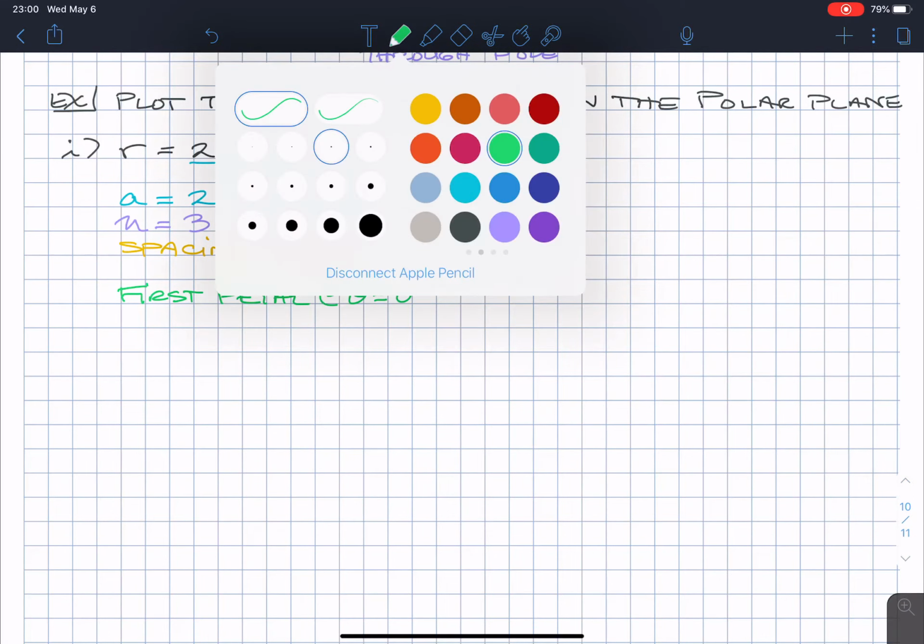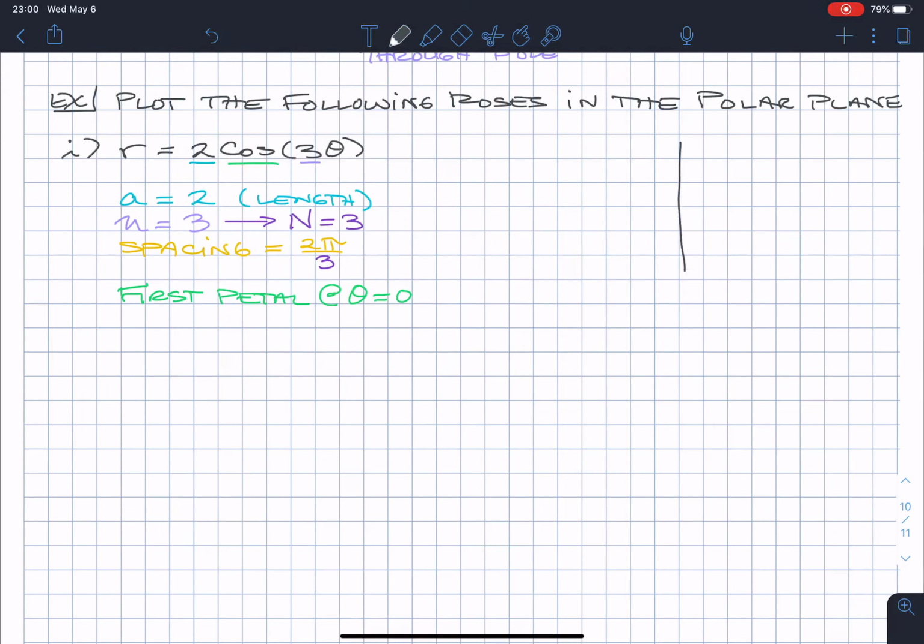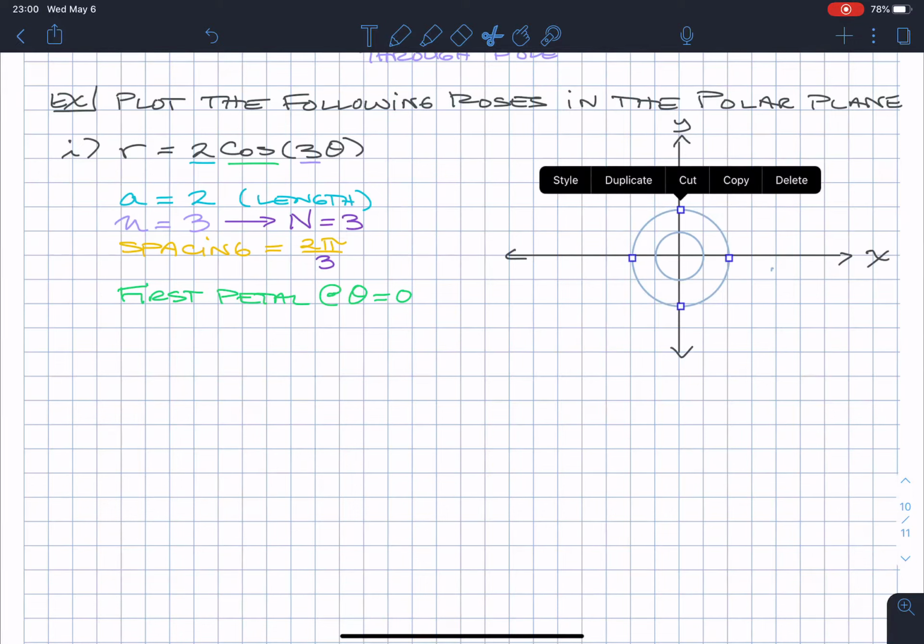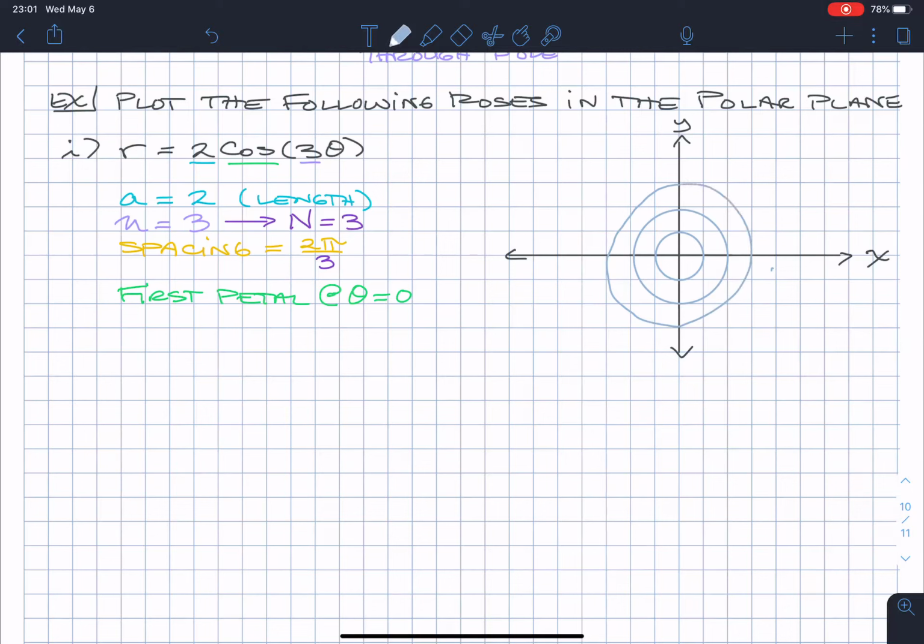Let's go ahead and plot this. So x and y coordinate axes. I know I have to go out to a petal length of 3, which means I need 3 concentric circles. So let's do a radius of 1, then a radius of 2, and then a radius of 3. Hopefully that looks okay.